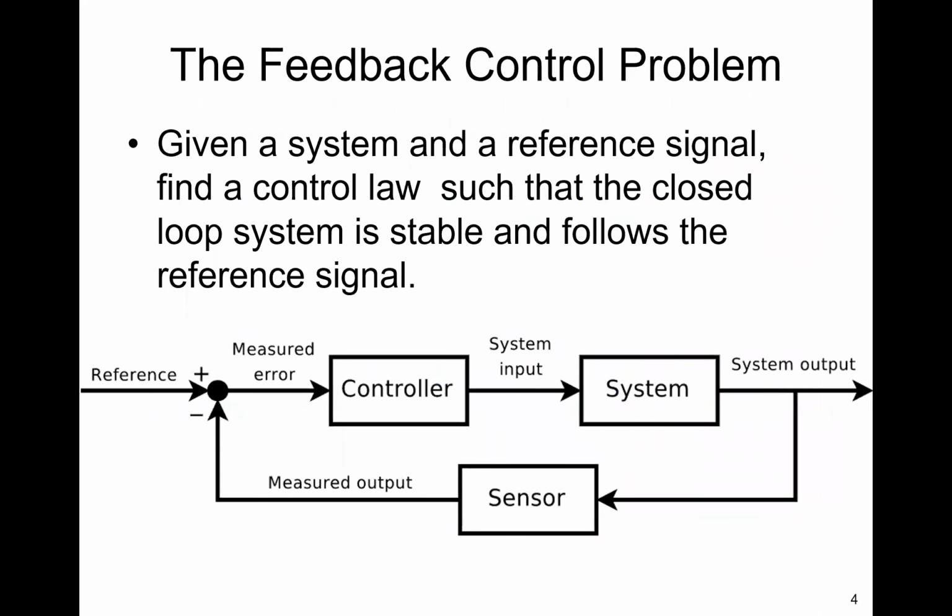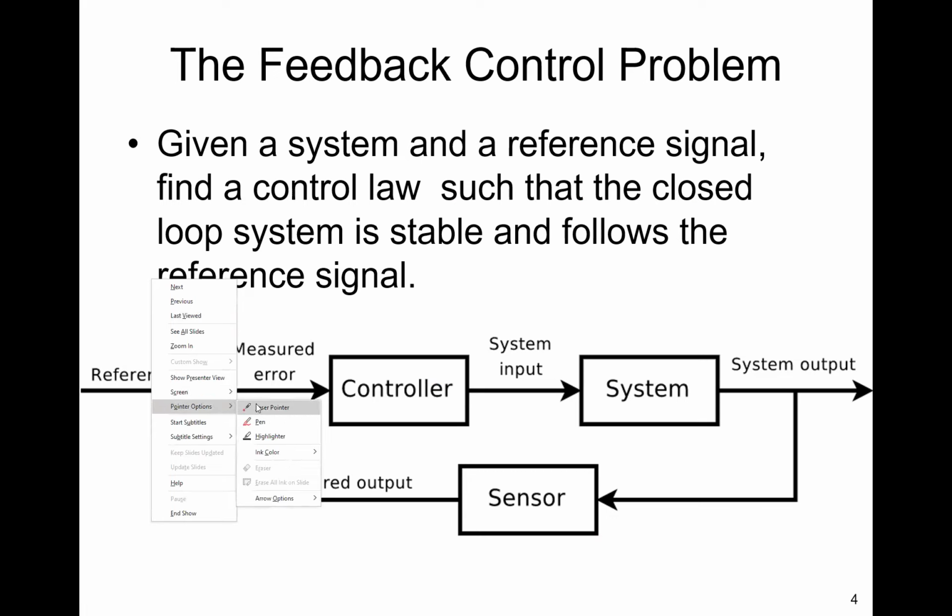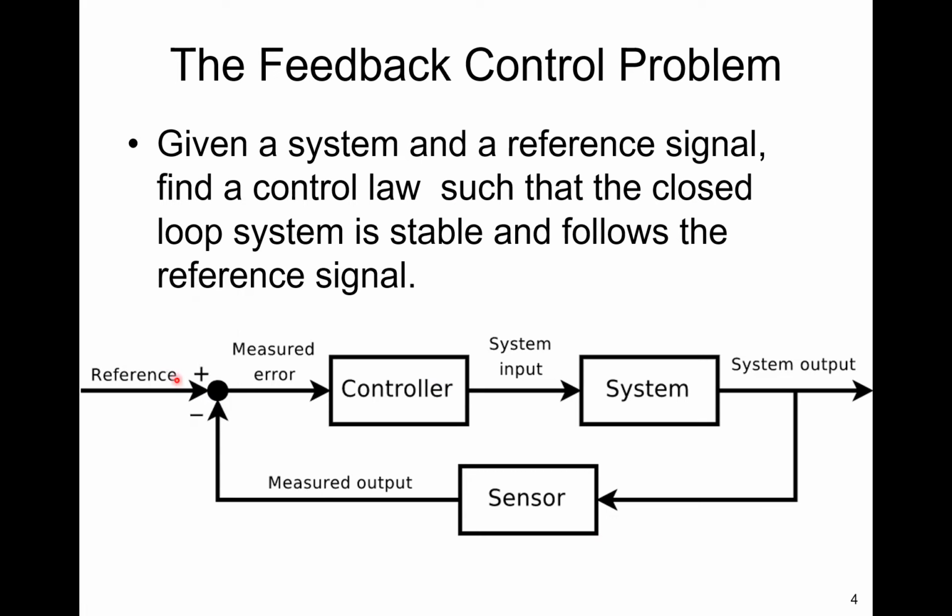So the feedback control problem is that given the system and the reference signal, find a control law such that the closed loop system is stable and follows the reference signal. So here's your reference, and say it's 50 kilometers per hour.